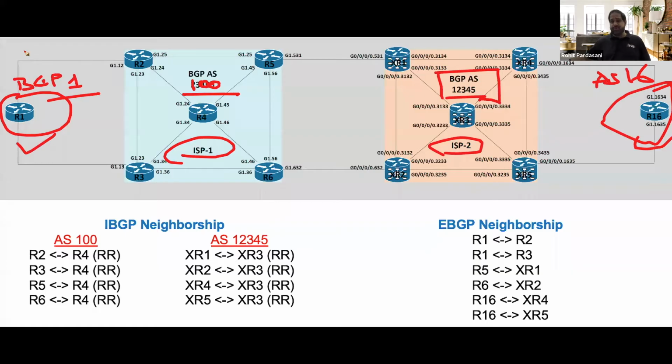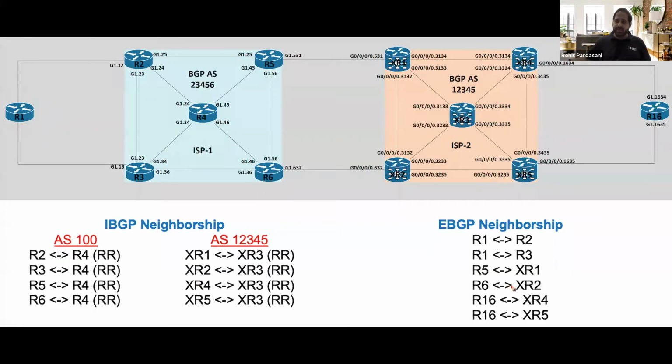As far as neighborship is concerned, it has been pre-configured. Let me quickly draw that. I have eBGP neighborship between these two routers. I have iBGP with the route reflector, R4 is the route reflector.